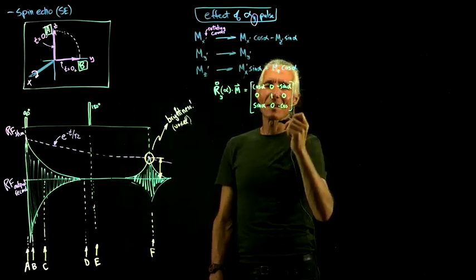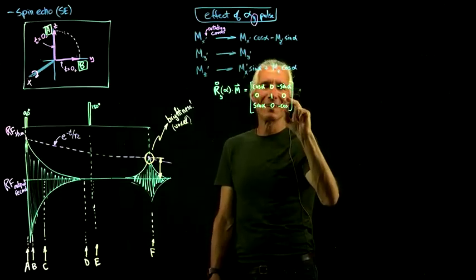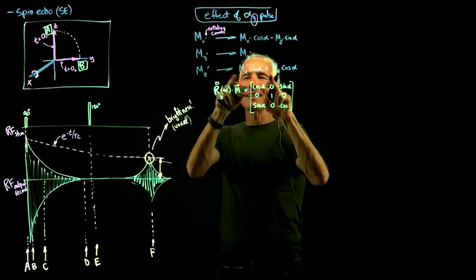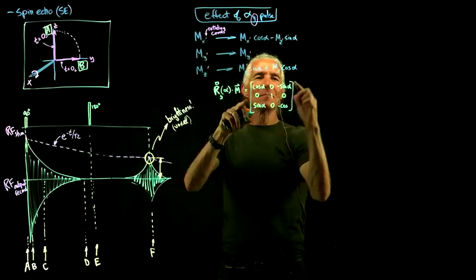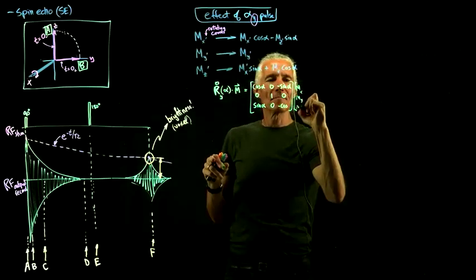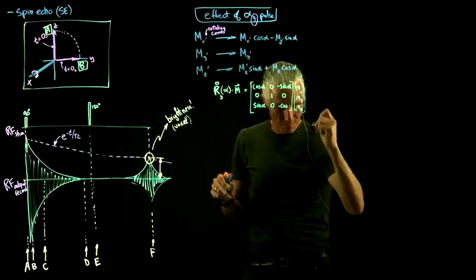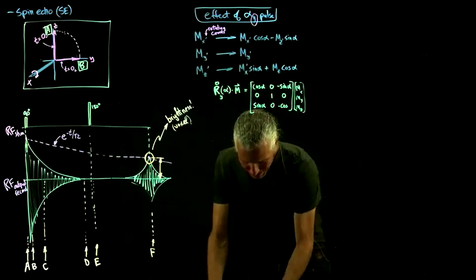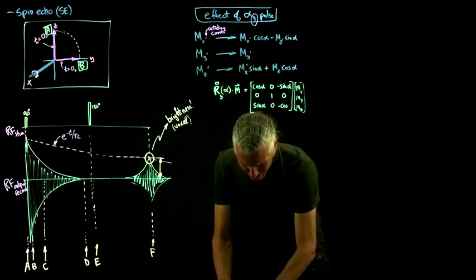I got another typo in it. There should only be one negative. Which one is it? Okay, I know this equation is correct. It's just in the online notes. So here's mx, my, mz.